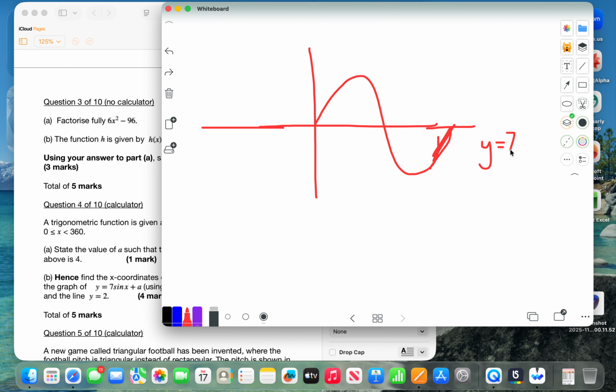Again, I'm not going to emphasize all of the values along the x-axis because it's not relevant for this point that I want to show you.